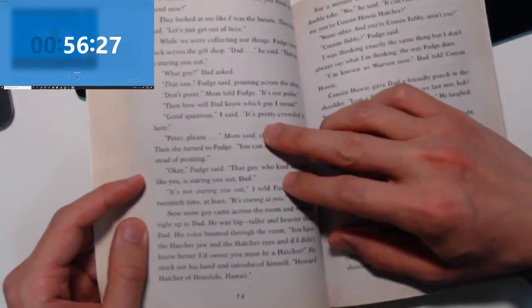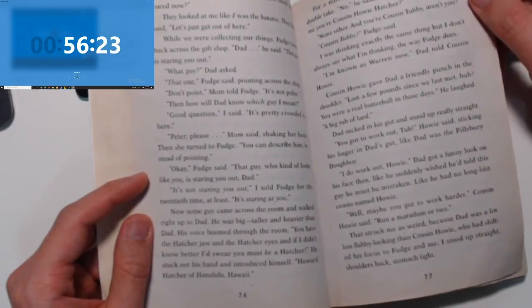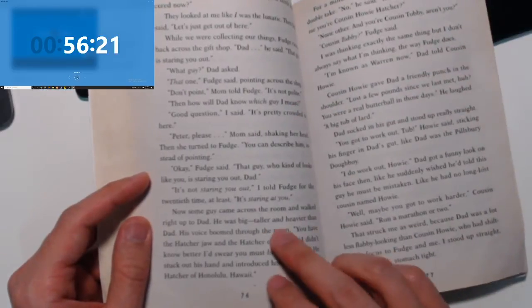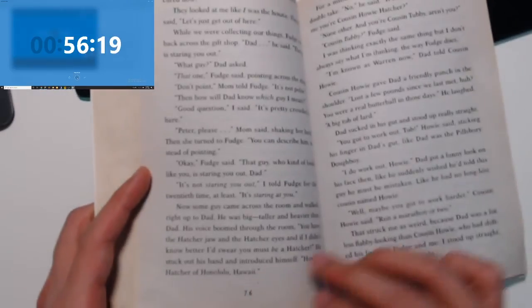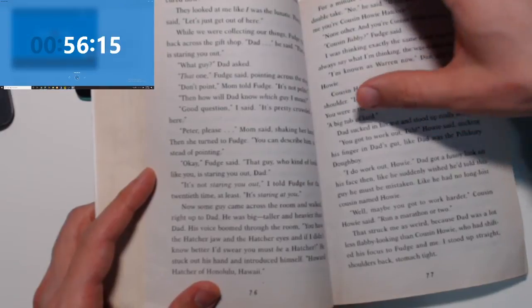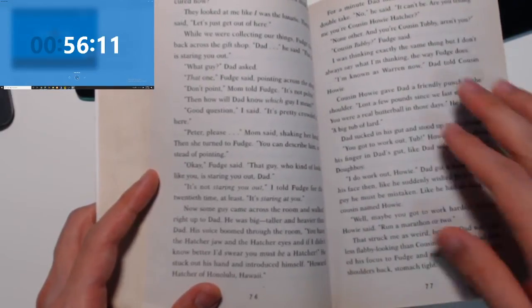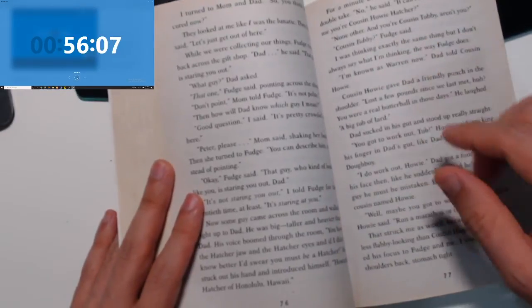Oh, what is that desk there? That one, Fudge said, pointing across the shop. Don't point. Over the hatch hole there for a minute. Then he looked back, but then he did a double take. No, he said, I can't be. Are you telling me you're my cousin Howie Hodge?